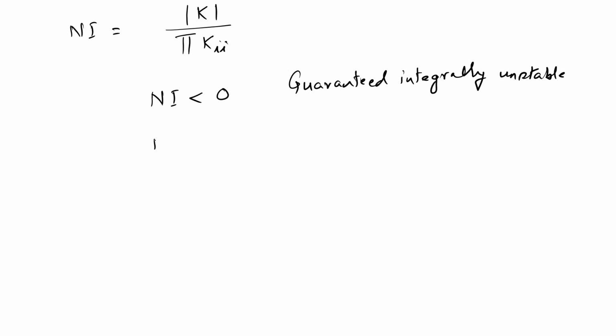On the other hand, if NI is greater than 0, it does not imply stability. It's a necessary but not sufficient condition. It does not imply guaranteed integral stability.